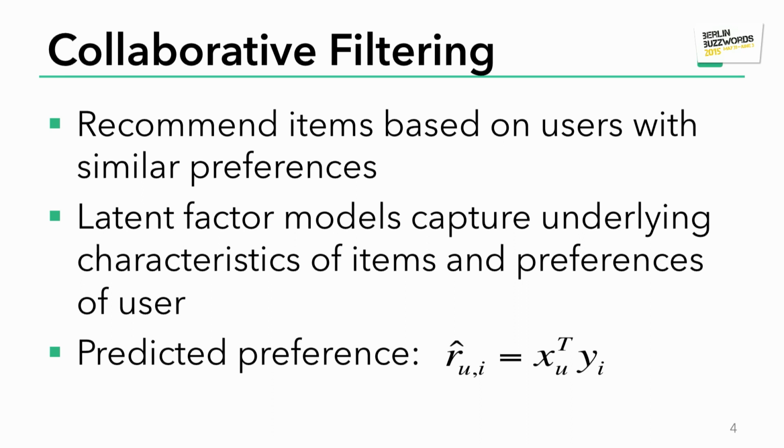Usually these features are represented as numerical vectors, such that the scalar product of these vectors gives you a preference value for a user and an item. So the higher this value is, the more likely it is that the user likes this item.